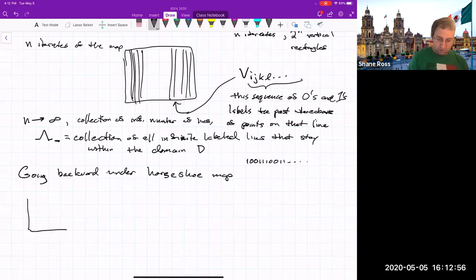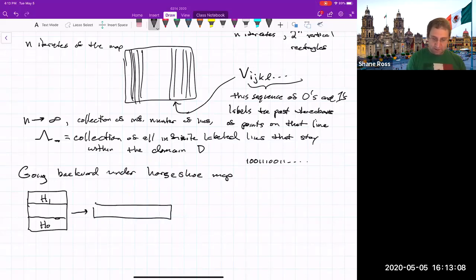If you go backward under the horseshoe map, then the rectangles that we labeled H0 and H1 actually stretch. So we're trying to construct F inverse. The inverse of our map is going backward. So you take this and squish it and stretch it horizontally.